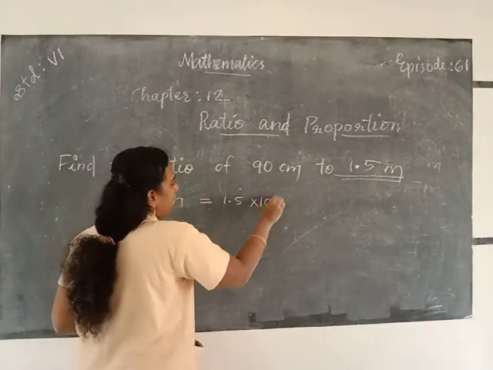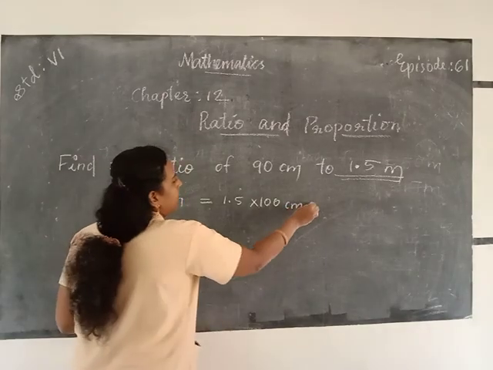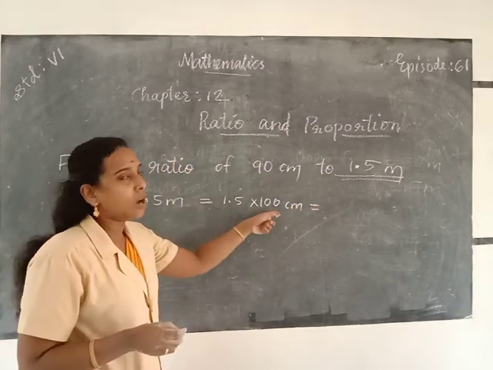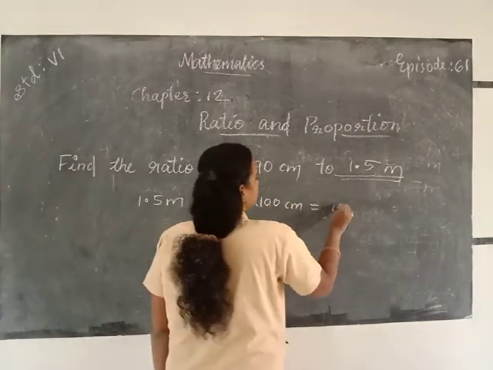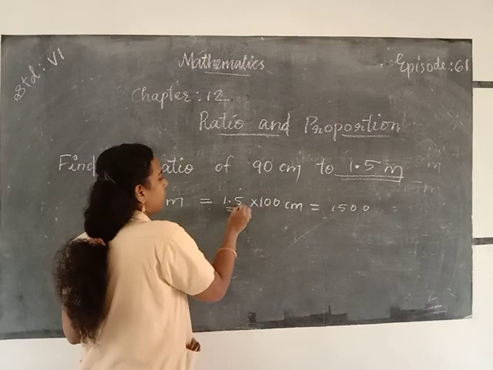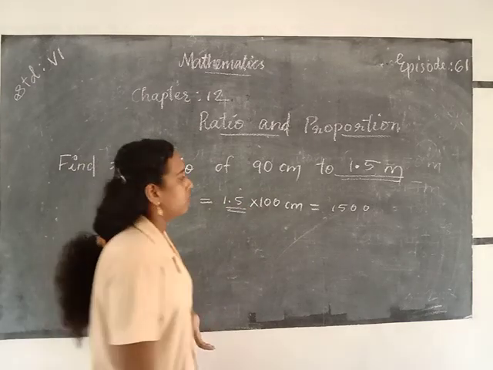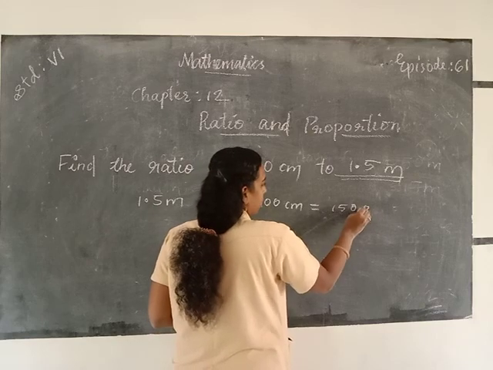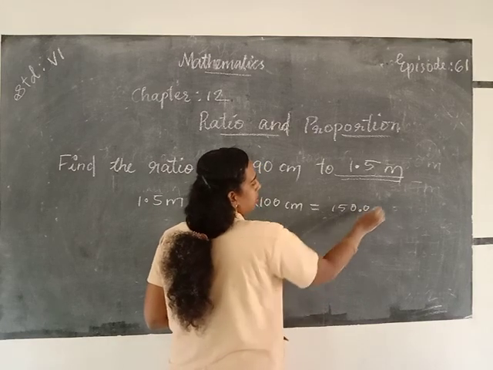1.5 into 100 centimeter. If you multiply 150 into 100, you get 1500. And in this question, there is a decimal point after one place from the right, so you put the decimal point one place from the right.